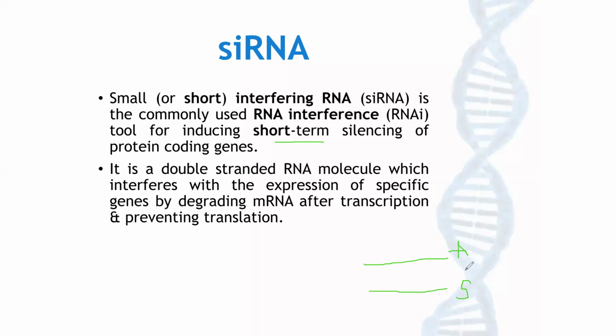These double-stranded short interfering RNA molecules interfere with gene expression by degrading the mRNA. Once the mRNA is degraded and destroyed, the protein translation will stop. So that is the role of short interfering RNA.